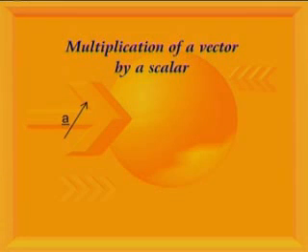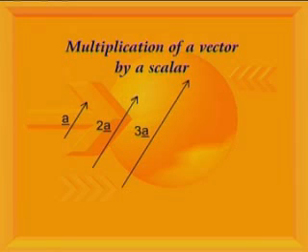We have a vector A, and you can see there are vectors 2A and 3A. The vector 2A has the same direction as A, but has a magnitude double that of A. And the vector 3A has a magnitude 3 times that of A. You can see here the vector minus 2A, which is obtained by multiplying the vector A by minus 2. So it has a magnitude 2 times that of A, but in the opposite direction.